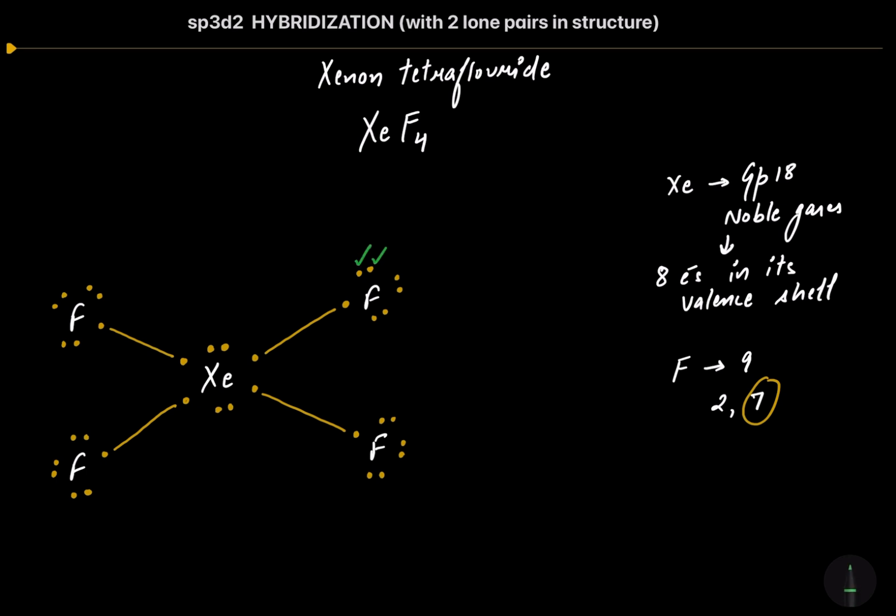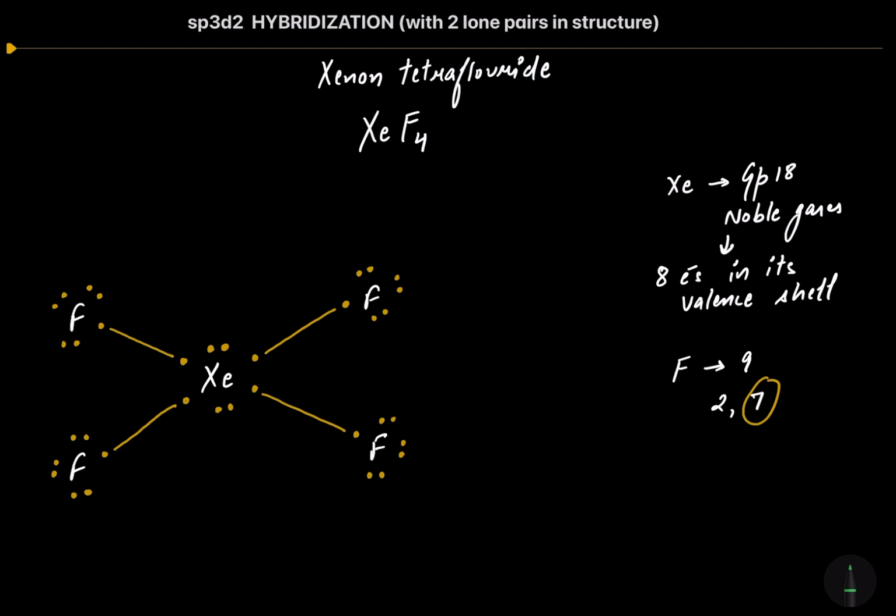That's eight, so the third fluorine has also attained an octet after the formation of one bond with xenon. Now let's count the valence electrons for the fourth fluorine. That's also eight, so the fourth fluorine has also attained an octet. So that means all the fluorine atoms have attained an octet after the formation of one bond with the xenon atom.